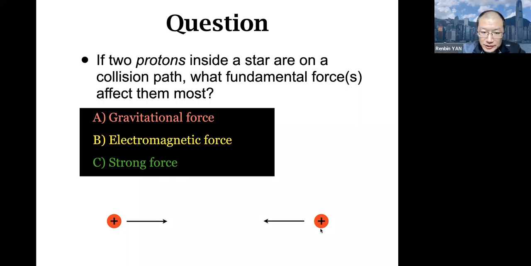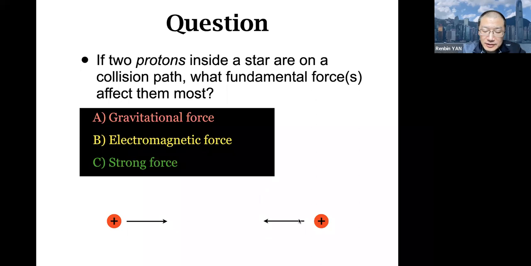On large scales, the only forces that will affect them are the gravitational force and the electromagnetic force. But the gravitational force is much weaker compared to the electromagnetic force, so it is not relevant here.